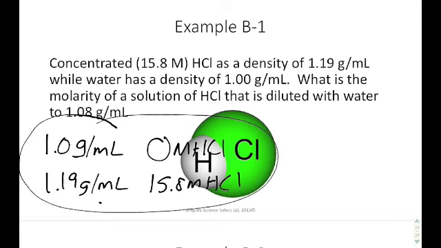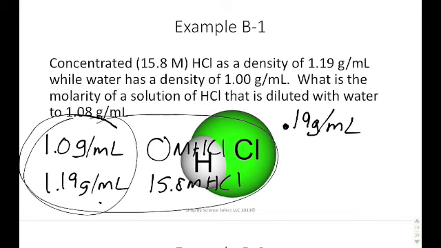So the change in the density here is 0.19 grams per mil. The change in concentration that I had is 15.8 molar HCl. So by changing the concentration of HCl, I'm changing the density of the solution.